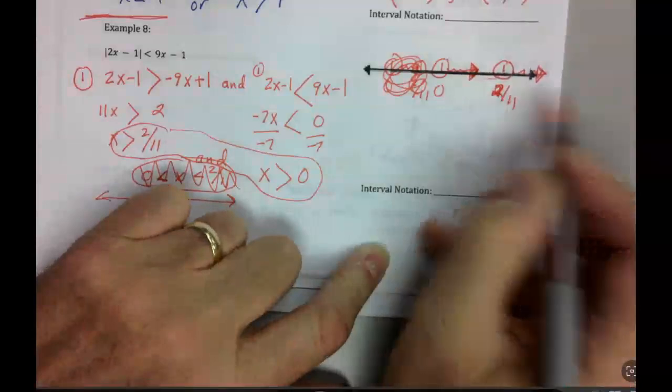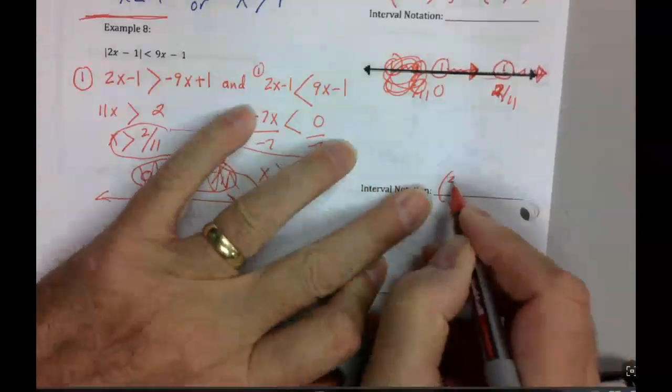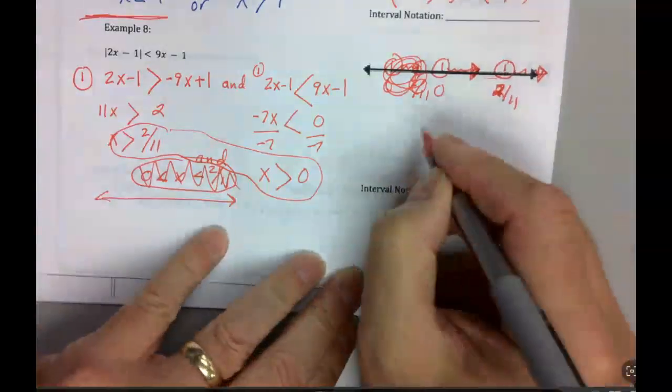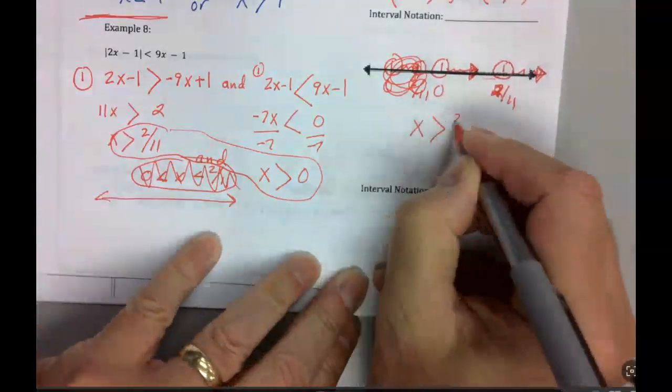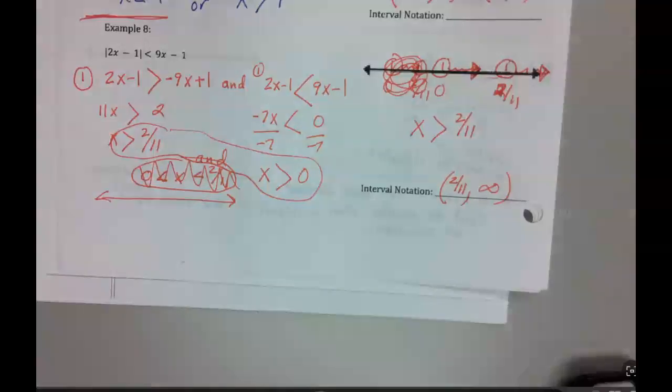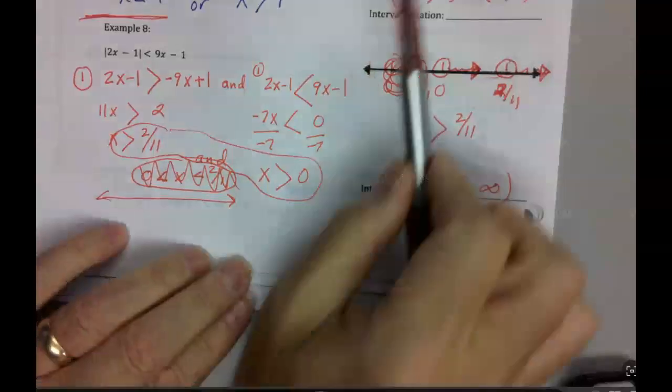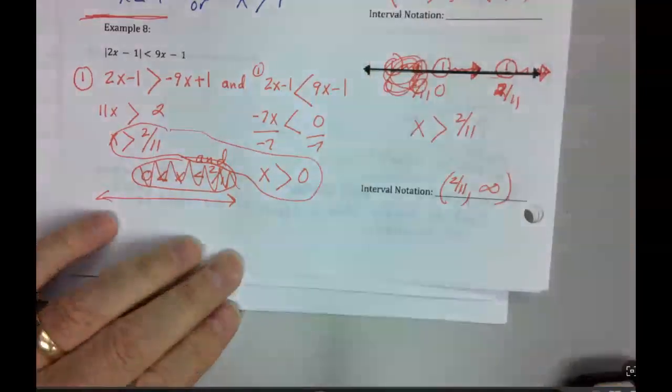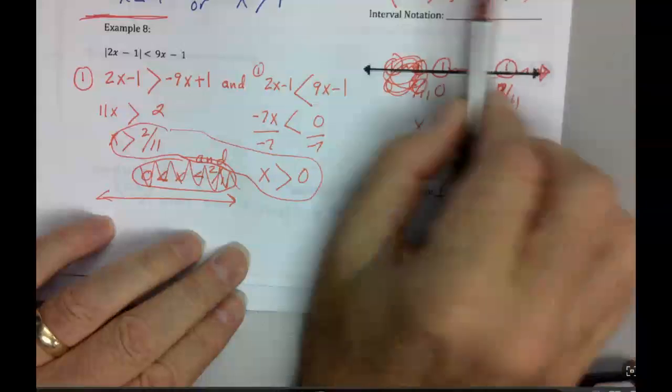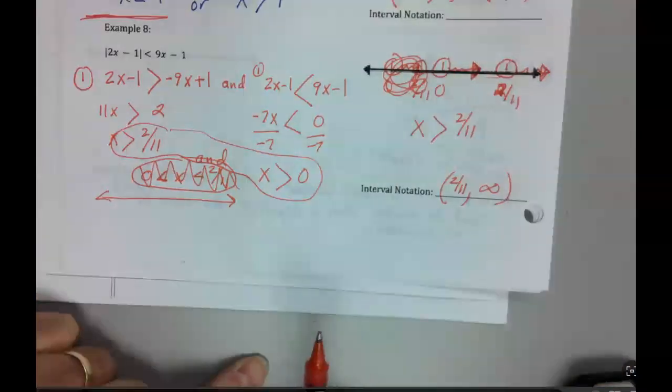So it's 2 11ths on. So it would be 2 11ths to positive infinity. And the only thing that works for the inequality is this right here. Normally, ands go towards each other, don't they? They intersect. Now, if this was an or, then it would be everything going that way. But an and is only where they share stuff. Okay? That was a tricky one.